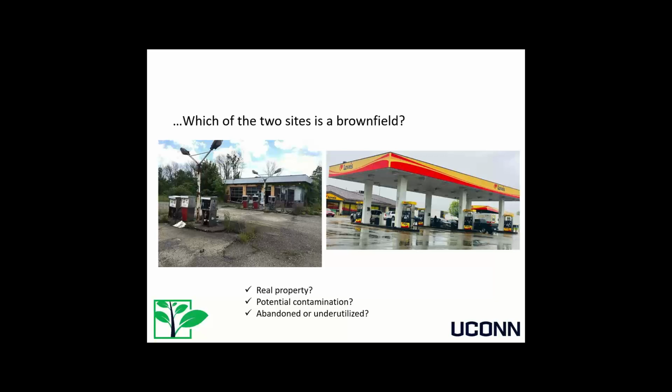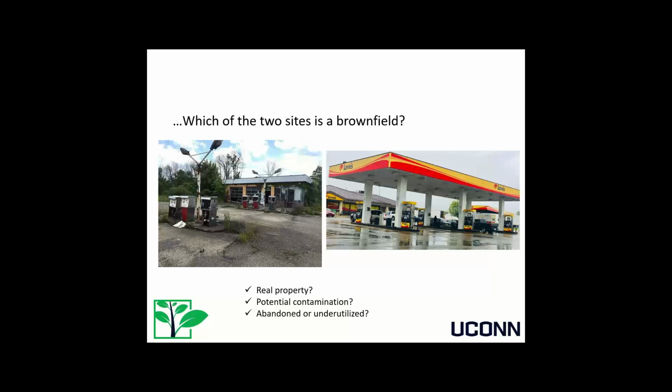It's a real property in both cases. Is there any potential contamination here? Well, gas stations handle petroleum products. They have underground storage tanks. So there's definitely potential for contamination here in both cases. But is the property abandoned or underutilized? That's the last criterion we have to think about.